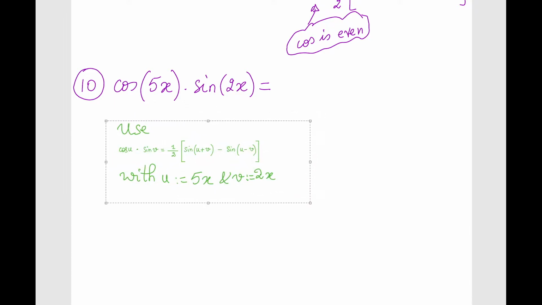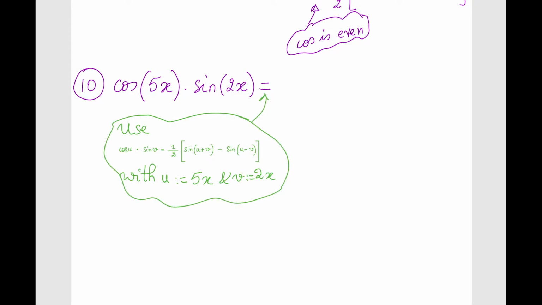So I'm gonna put this in action here, and I'm gonna get, no, sorry, 1/2 times sine of u plus v, and u in this case is 5x and v is 2x, so sine of 5x plus 2x minus sine of the difference, which is 5x minus 2x, right?